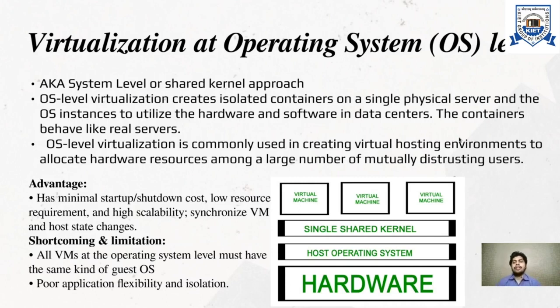It means if the host operating system is Linux, this would be a Linux kernel, and you can only have virtual machines which are Linux based. You cannot have a virtual machine with a Windows operating system or a Mac operating system. You can have Ubuntu, you can have Fedora, but all these operating systems have the same kernel.